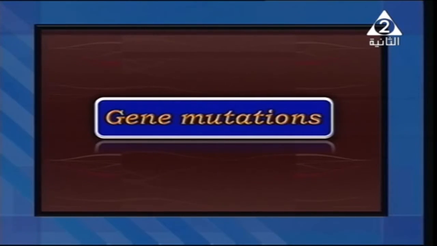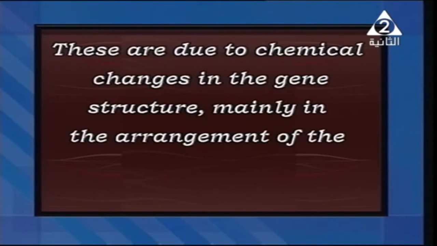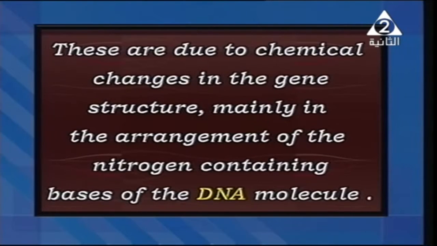Genetic mutation or the gene mutations. These are due to what? Chemical changes in the gene's structure, also the arrangement of the nitrogenous bases, okay, that as we said, adenine, thymine, cytosine, guanine. If the arrangement of the sequence in parts of DNA is replaced or absolutely changed, it gives us what?